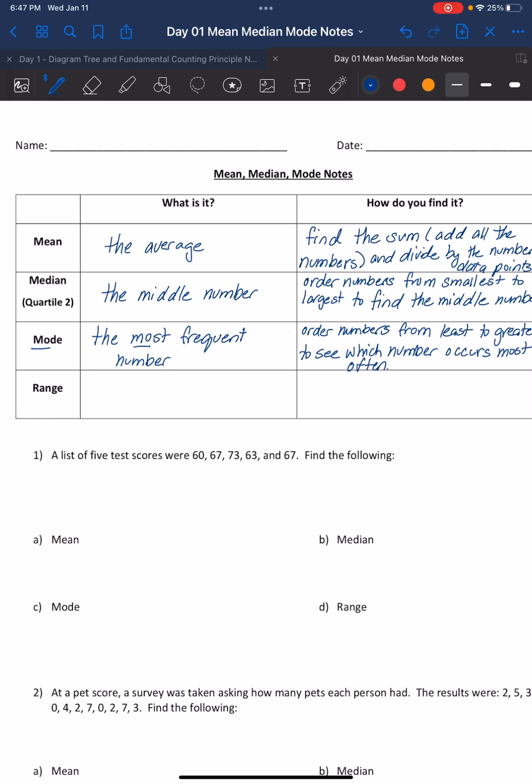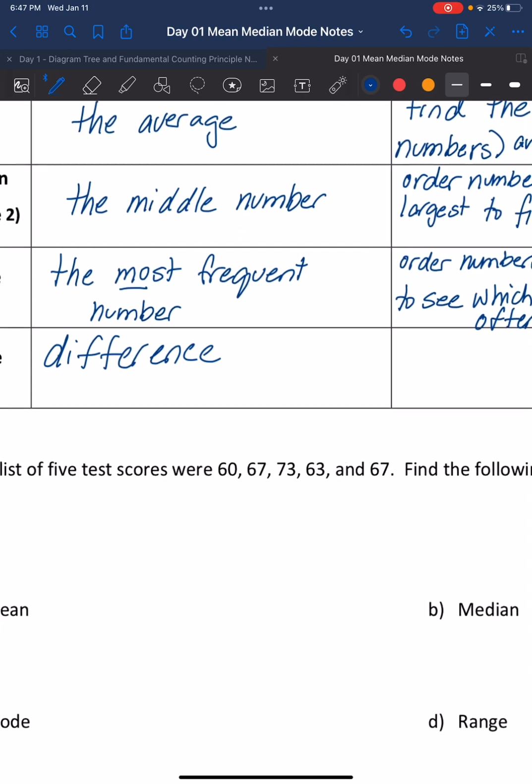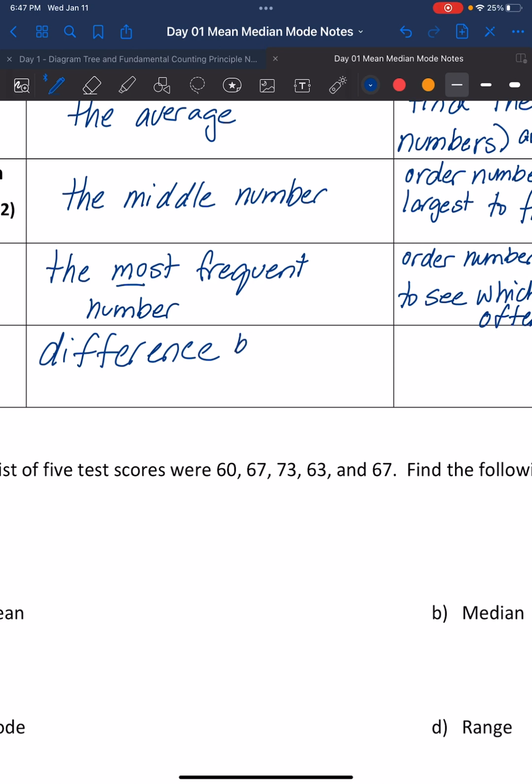Your range, remember, a lot of times in class you see me put my hands out from side to side, left to right. My range is going to be the difference. That word difference should mean something. It means subtract. The difference between the largest and smallest number.